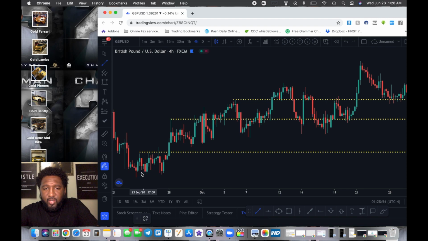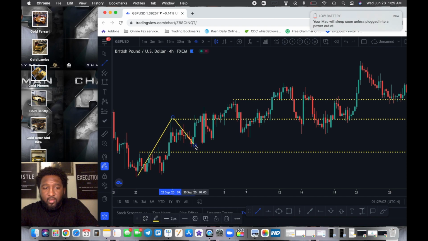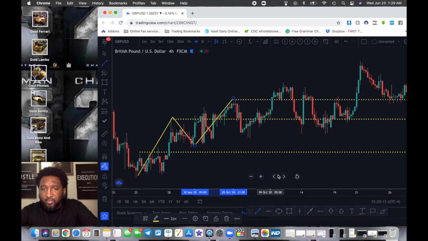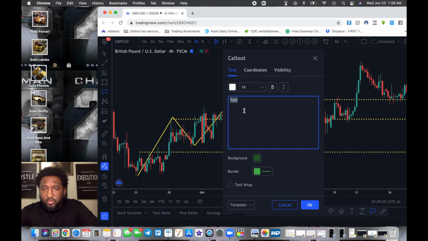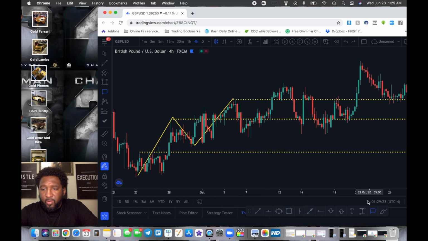And I'm going to just draw this out. Okay? So we got move up, move down, okay? Move up, right? What did I say people are taught? That when the market retraces, this is the most opportune area to buy, and their stop loss goes where?